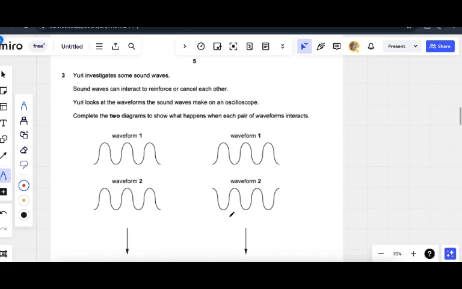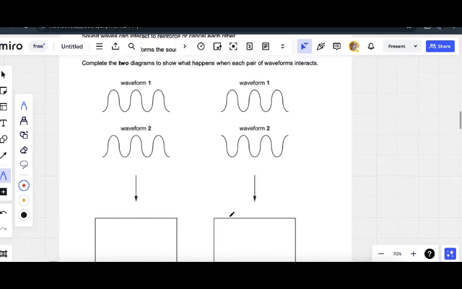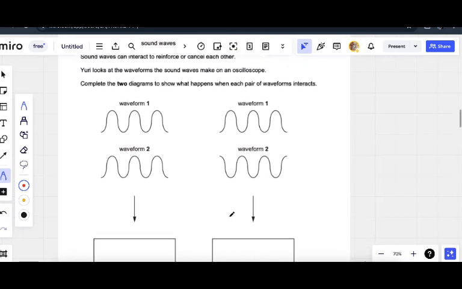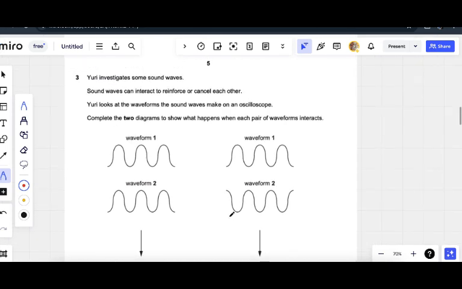Now, Uri investigates some sound waves. Sound waves can interact to reinforce or cancel each other. They can either interact and become stronger and reinforce, or they can cancel out each other.